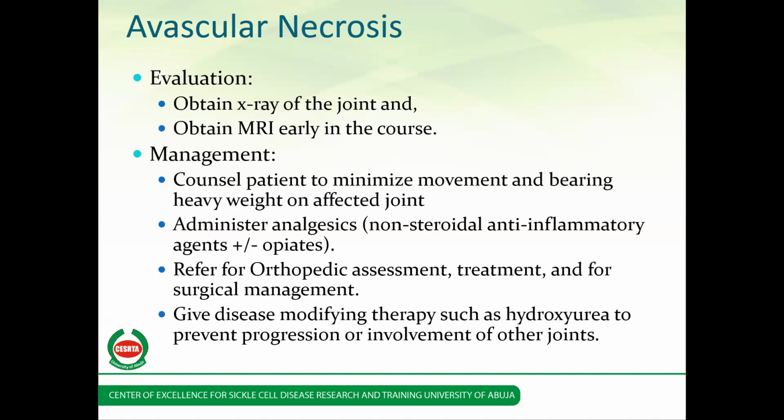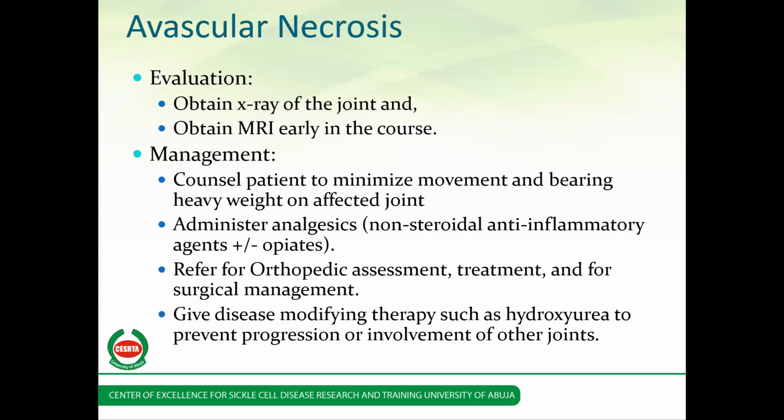So evaluation for avascular necrosis includes X-ray of the joint and, if possible, MRI early in the course. Management includes counseling the patient to minimize movement and bearing heavy weight on the affected joint.